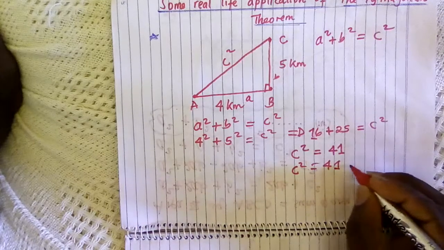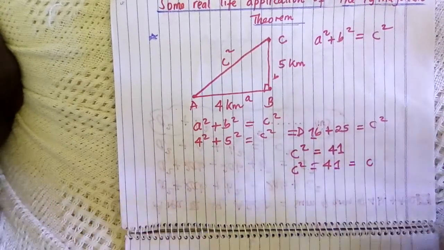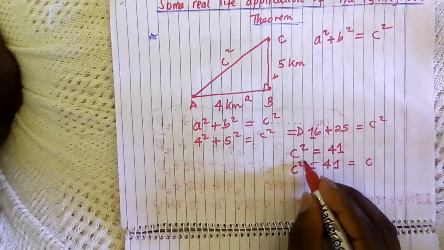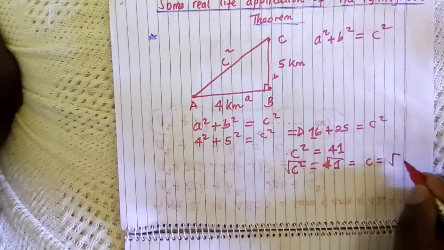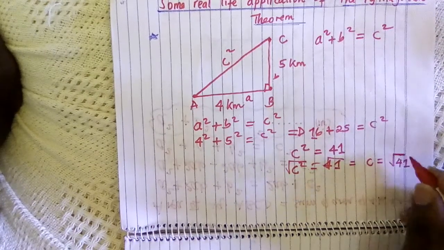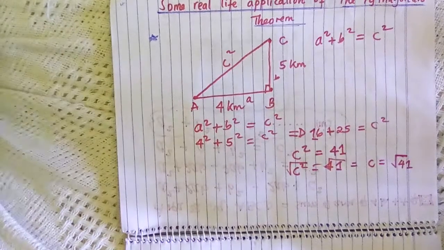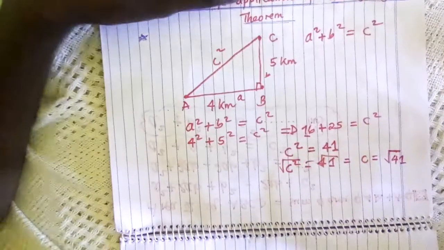Or you can just apply the square root on both sides, then we remain with C equals the square root of 41. Now you see that this is pretty simple.